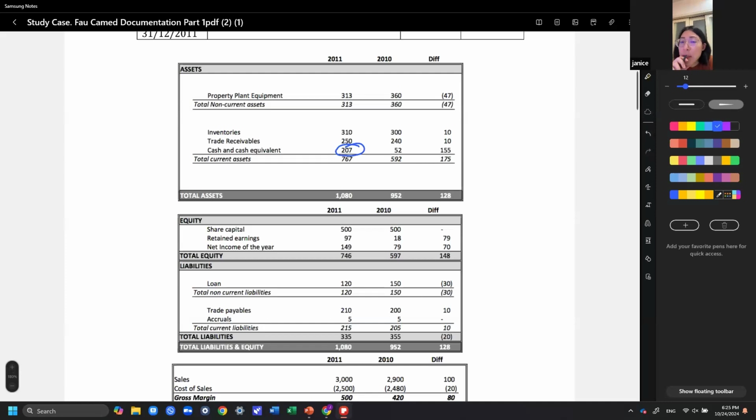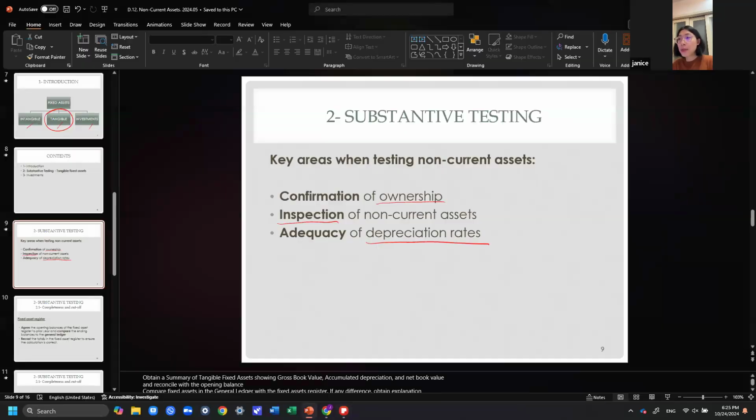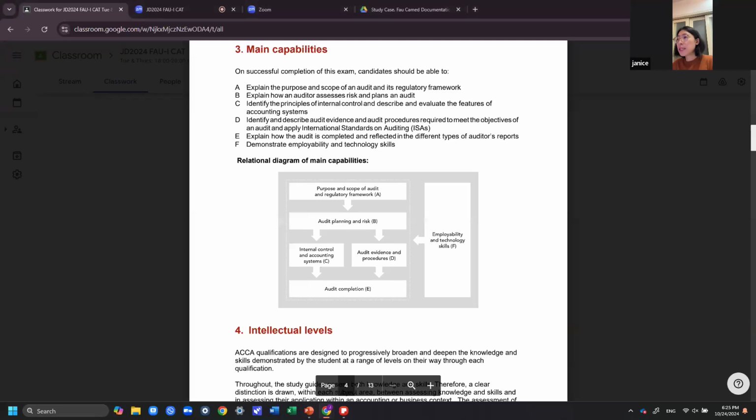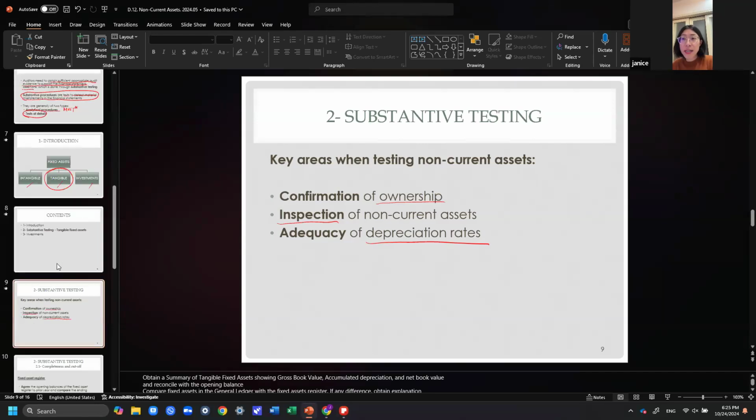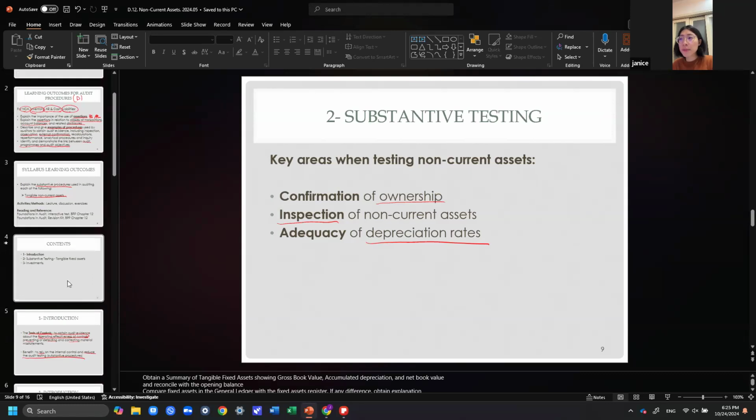Whenever, as an auditor, we have a financial statement, of course, that's the document we're going to start with. We have to make sure that the financial statement is reported correctly from the resources.